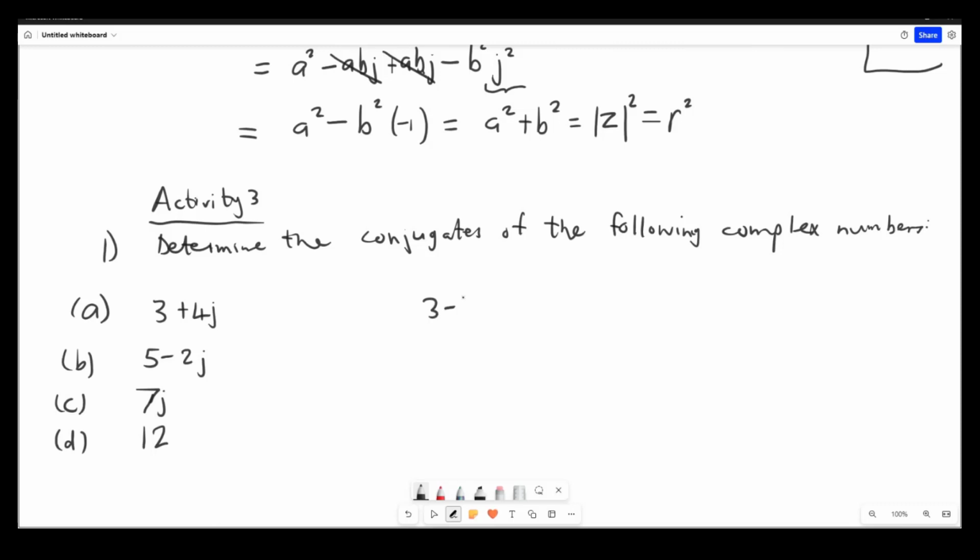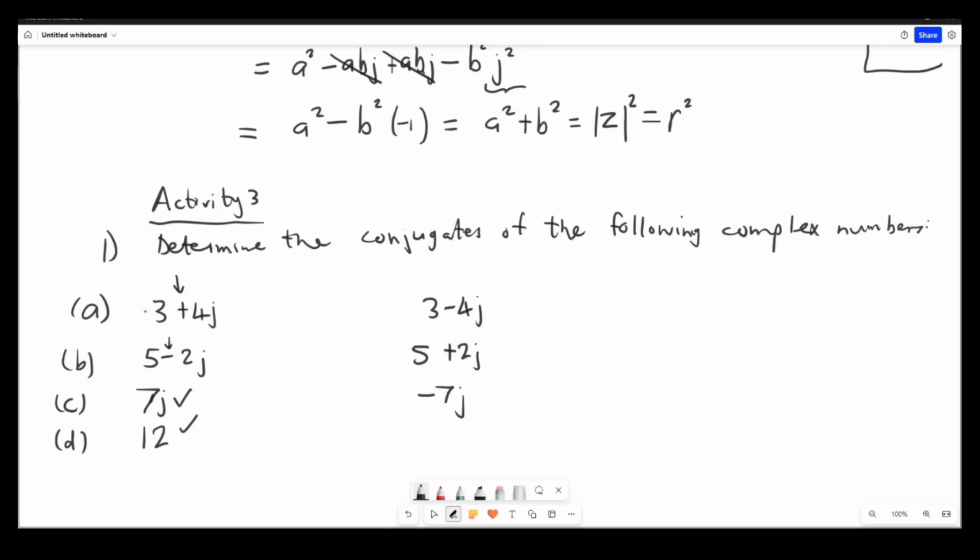It's 3 minus 4j. There's a change here. And this one here, for the B part, it's just 5 plus 2j. Again, there's a change there. And of course, this is an imaginary number, so this will just be minus 7j. Well, this is a real number. The real numbers are not affected.